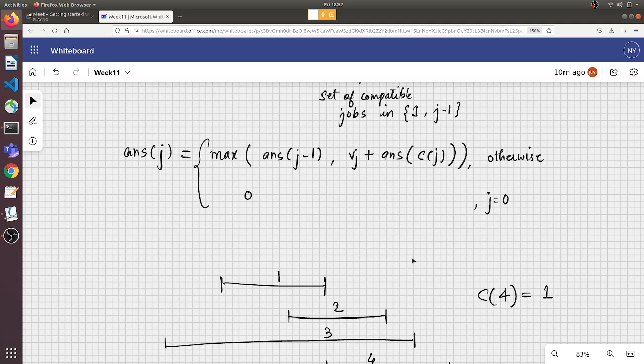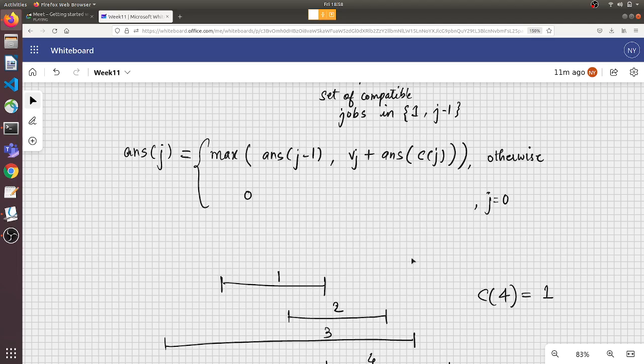So here also I think it is necessary to sort and work with that, because if we do not do that, then which is the jth job?